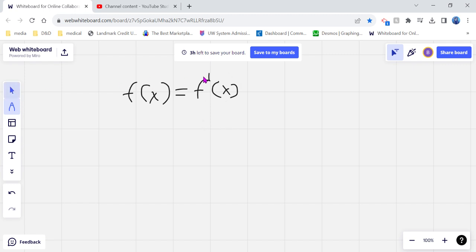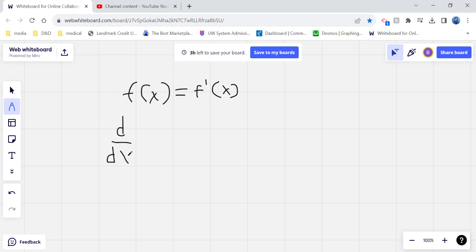Let me write that better, actually. Make it clear what I'm actually trying to write here. So it's f prime. f prime gives us the slope for every point of f. And another notation is this d over dx.